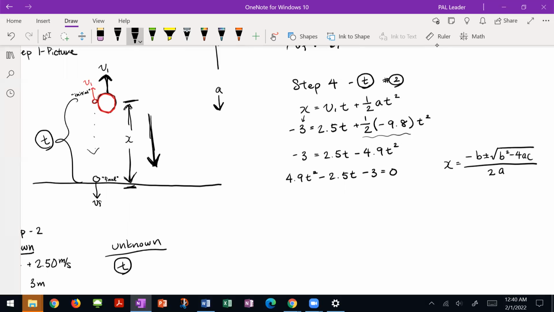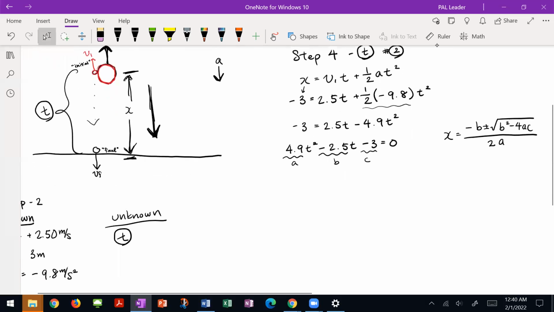So this is our a, this is our b, this is our c. Let's try and plug it into this equation. Well, sorry, it's not x. We're solving for t, right? So, t equals negative b. B was negative.